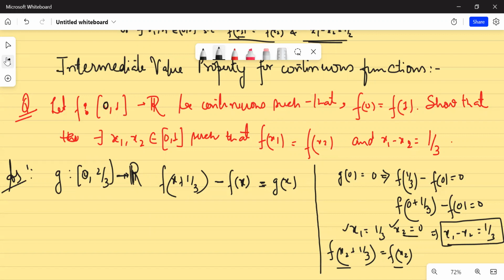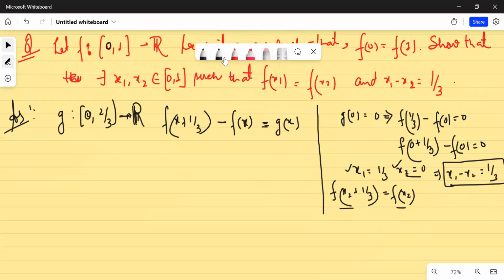So there is nothing to prove here. Is that clear? Also, another portion was what I had to write: if your other part, let's say g(1/3), even try it. So what would be g(1/3)?